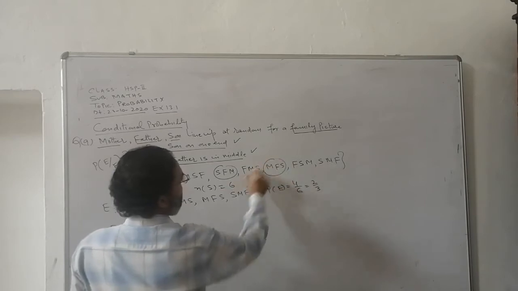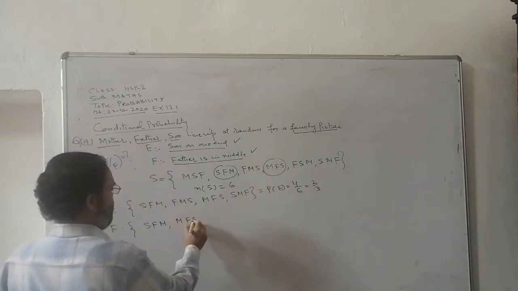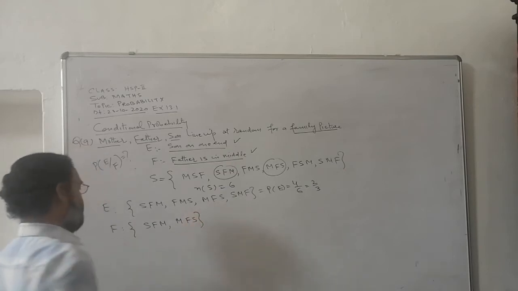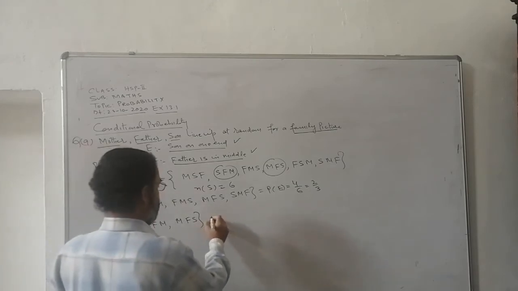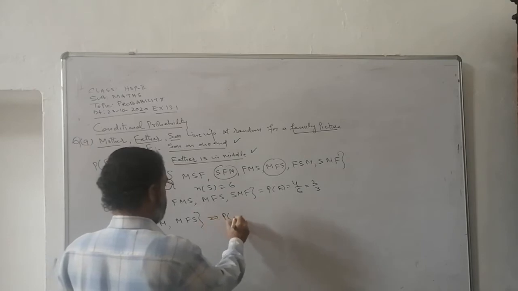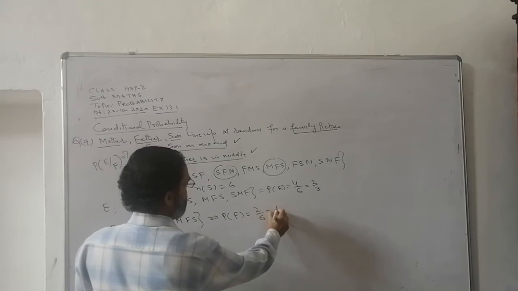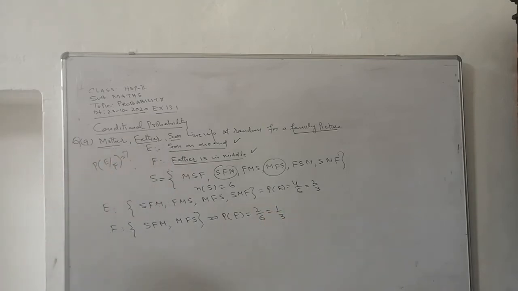Father in the middle is M F S and S F M. So only 2 points are in favor of the event F, and its probability is 2 upon 6, that is 1 upon 3.